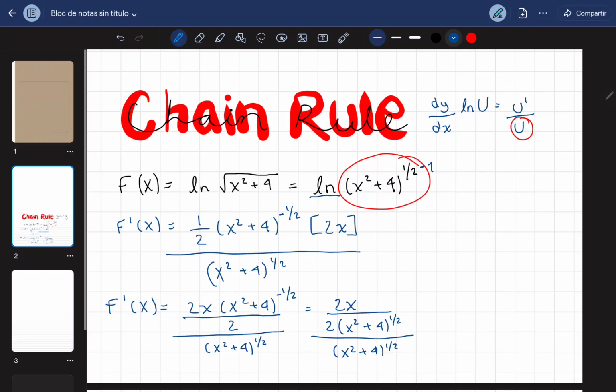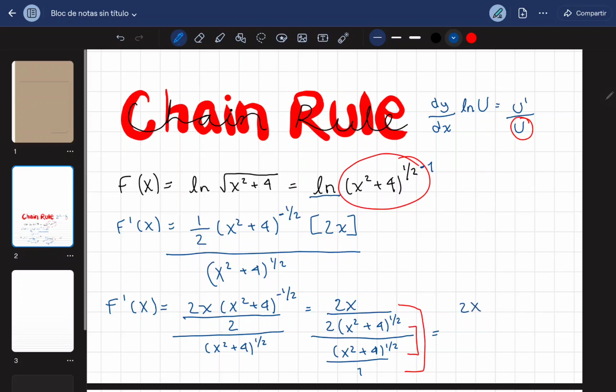Yes, and we add a 1 in order to apply the tortilla law. That looks like this. Once we have this, we multiply.